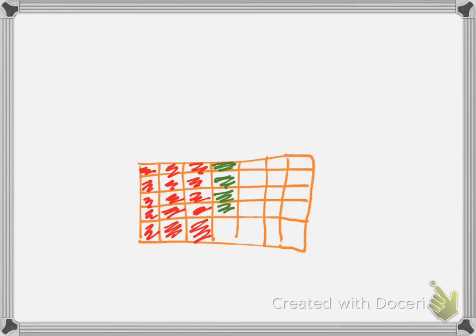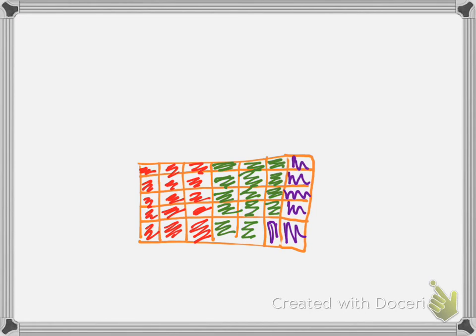So 1, 2, 3, 4, 5, 6, 7, 8, 9, 10, 11, 12, 13, 14. And then I can see what is going to be left for my tomatoes would be 1, 2, 3, 4, 5, 6. And then that is my whole amount of land. Just another way to visualize that for your kiddo.